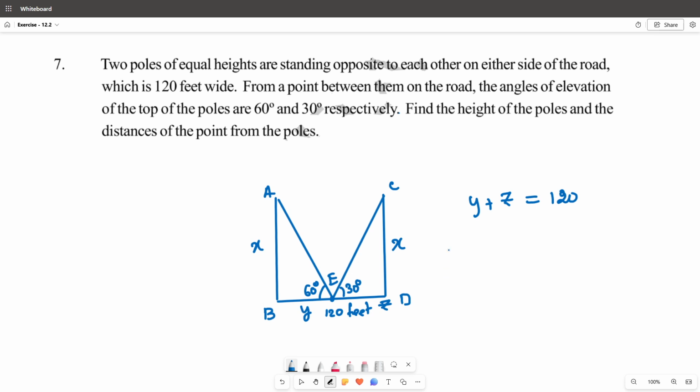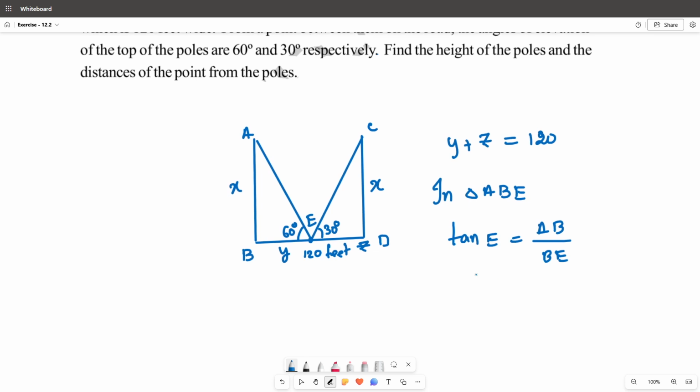Next, in triangle ABE, the first triangle, we can see that we are using the opposite side and adjacent side. So let's use tan here. So tan E is equal to the opposite side, that is AB, by the adjacent side, that is BE.